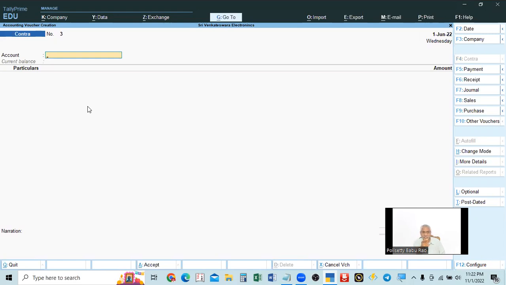So cash account we are receiving, we are debit. This contra voucher always starts with debit. So when you withdraw cash from bank, cash account will be debited. So you will not show debit and credit, but debit is to be shown as cash. That is account name, you have to write as cash.